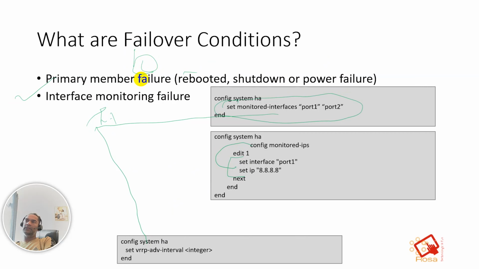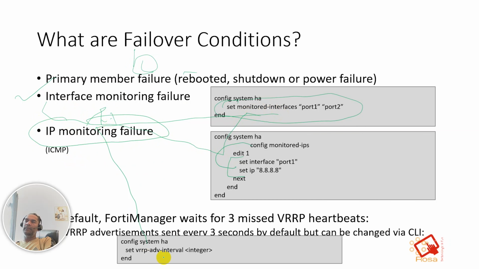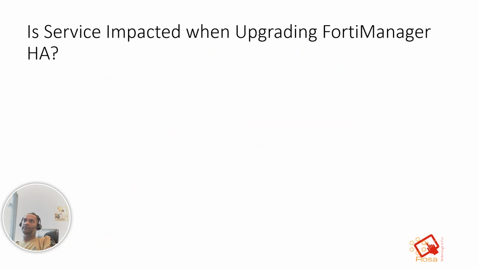This is first. Interface monitoring failure, like if you have the set monitored IP address configured, then it will trigger a failover. IP monitoring failure like ICMP, and FortiManager waits for 3 missed VRRPs. So there are 3 different situations when failover can trigger: box down, interface monitoring down, VRRP down.